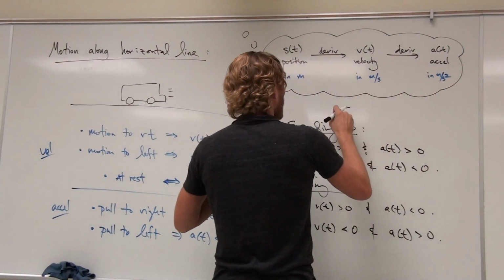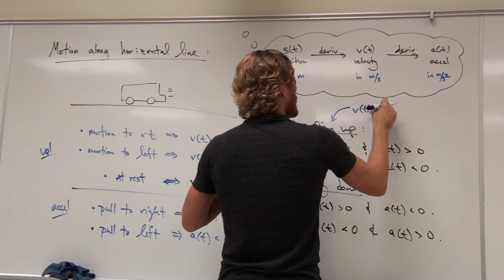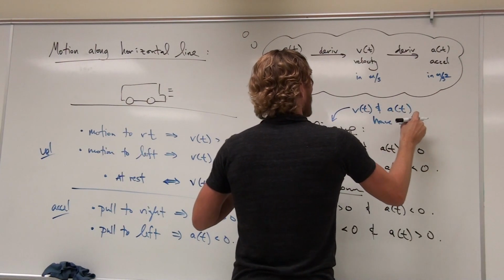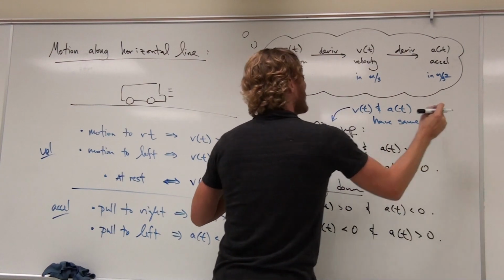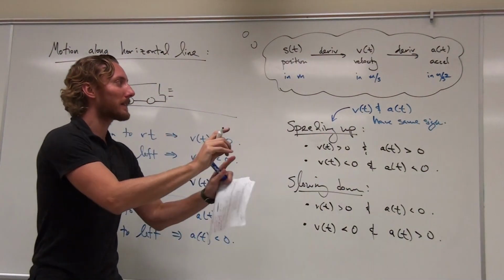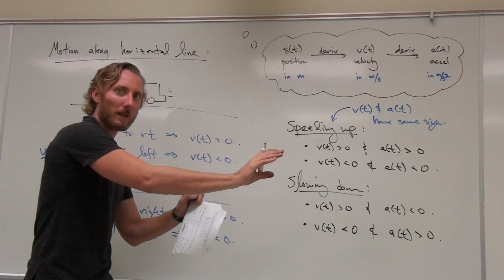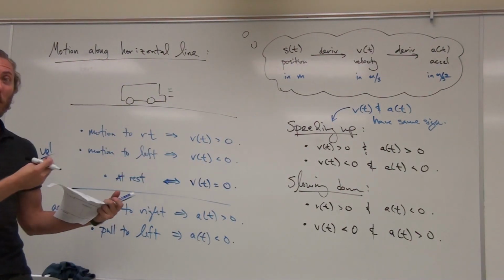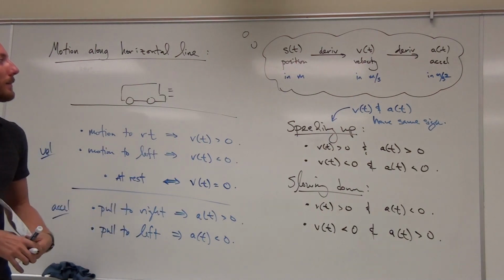So, speeding up, velocity and acceleration have the same sign. What does this mean? Velocity positive, acceleration positive, car going right, pulling to the right, speeding up. Velocity negative, acceleration negative, car going to the left and pulling left, that's going to speed the car up.